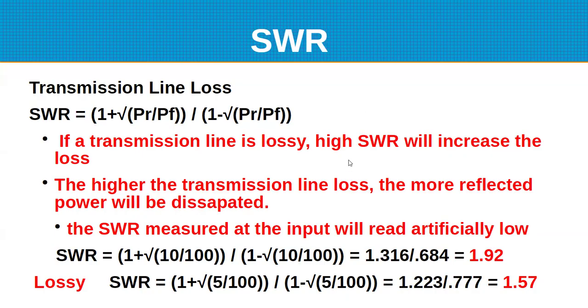So this is kind of the same stuff. High SWR is going to increase the loss in the transmission line because the voltages are higher. And the lossier the cable, the more it's going to absorb some of that reflected power. Of course, it's also absorbing your forward power going to the antenna.